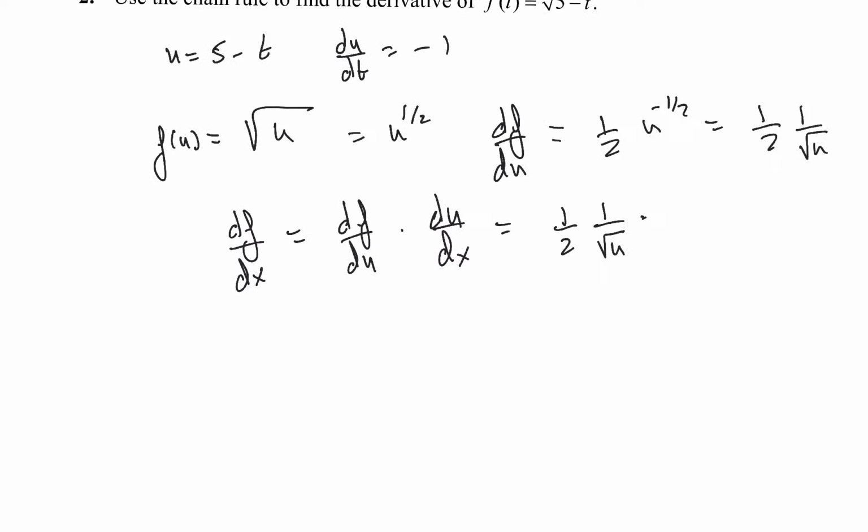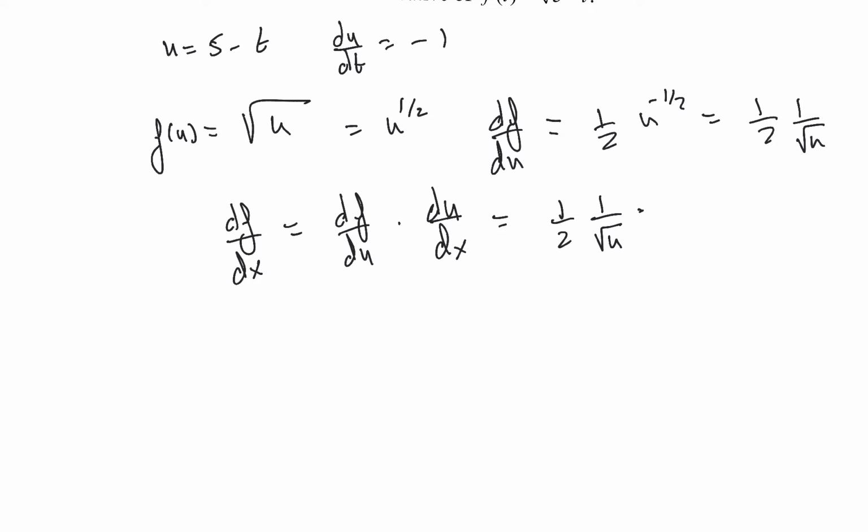Let me write again. The derivative of f respect to the t is the derivative of f respect to the u multiplied by the derivative of u respect to the t.